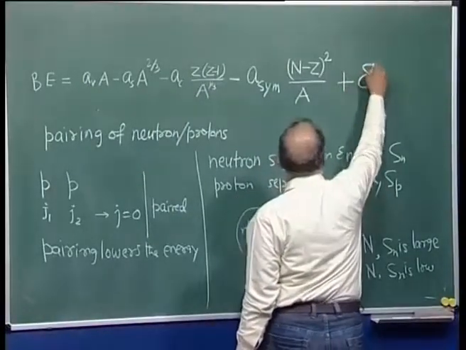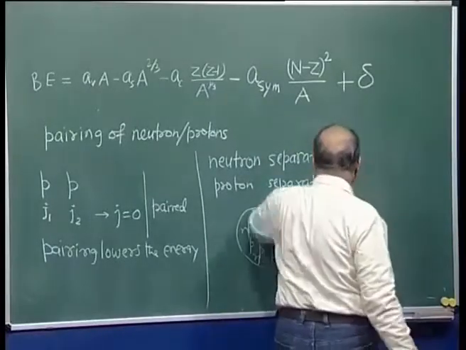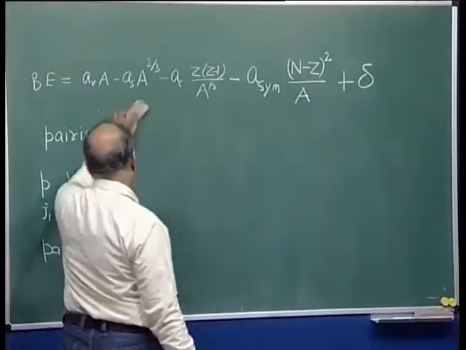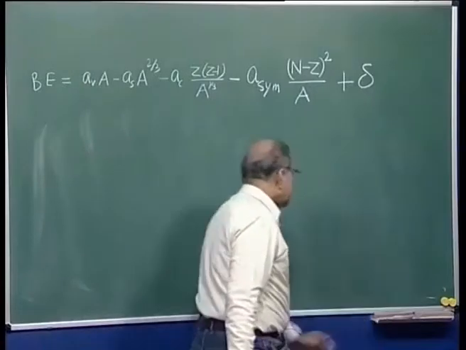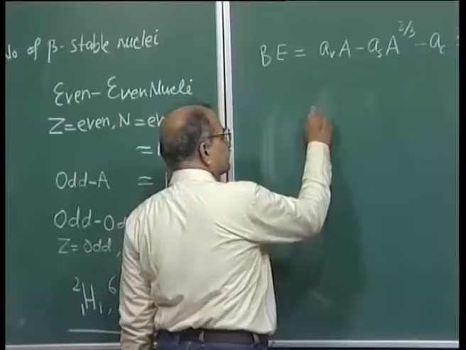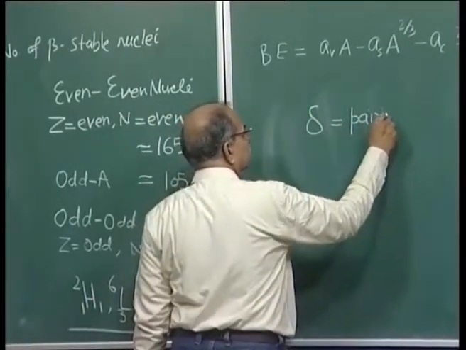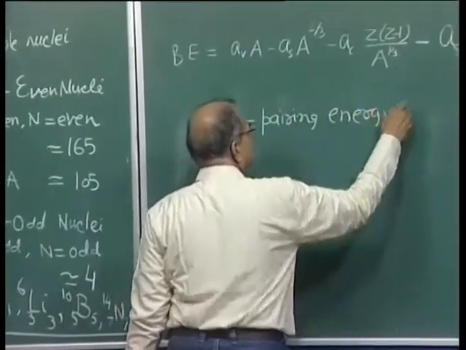It also depends on capital A. This delta is known as the pairing energy term.